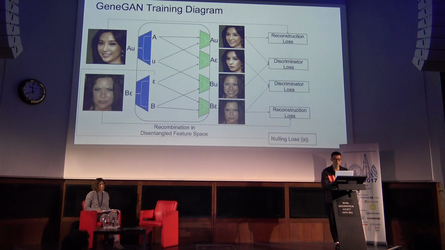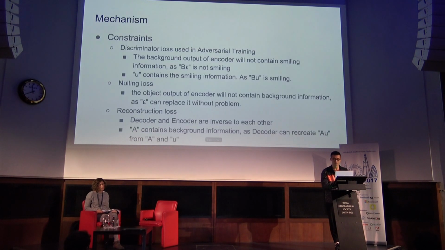There are also two novel recombinations, A_epsilon and B, which are like crossbreeds in biological reproduction. To ensure that these crossbreeds have the desired properties, two adversarial discriminators are used to ensure that A_epsilon should belong to the negative side and B should belong to the positive side.